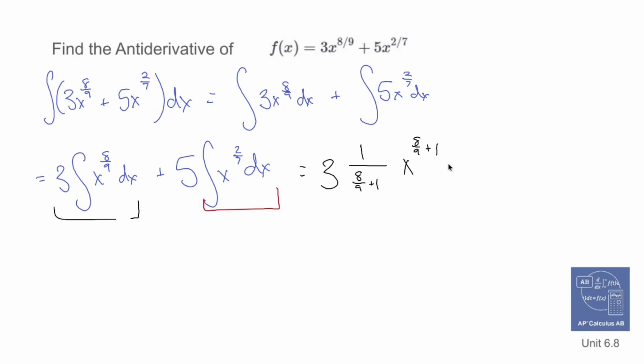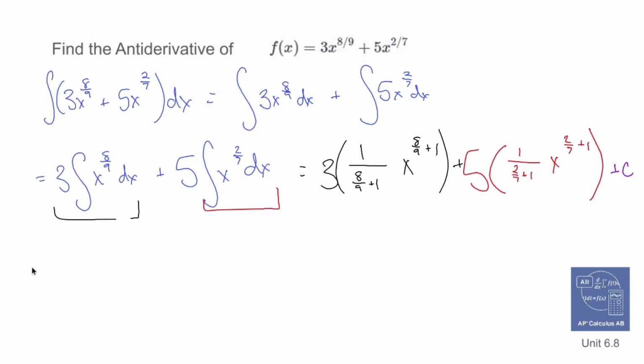Let 5 linger, and maybe I should put this in parentheses because that just looks sloppy. Plus sign. Let 5 linger, and then you're going to put 1 over 2 sevenths plus 1, x to the 2 sevenths plus 1. Now, since this is an indefinite integral, we cannot forget our little plus c at the end.